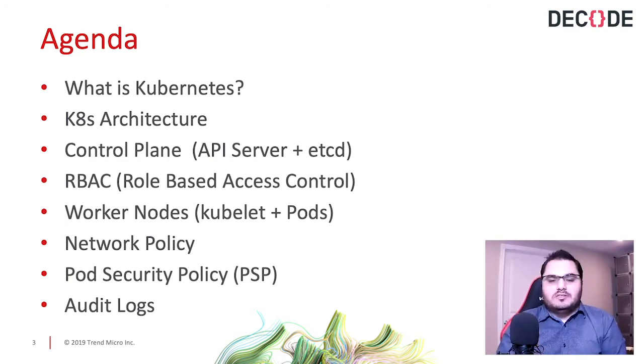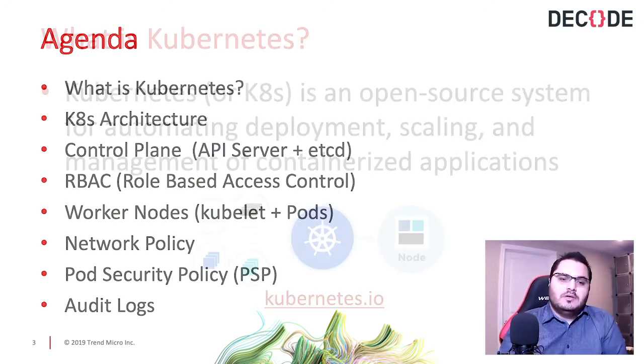Pod security policies as well, as another way of securing all the pods on your cluster. And lastly, but not least, we're going to talk about audit logs and why they're important for you to have visibility and just better security on what's happening, right, on your cluster.